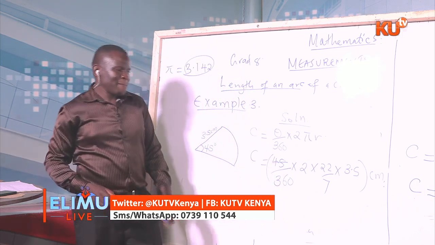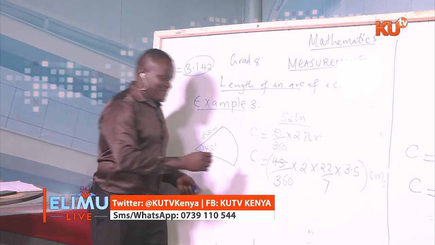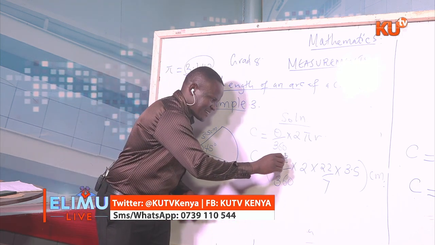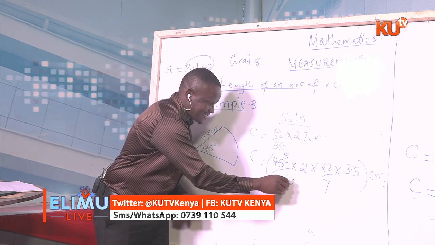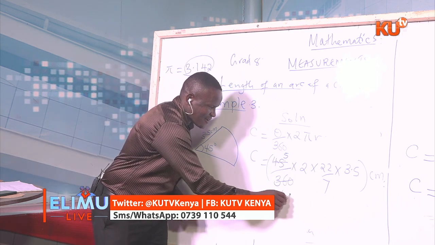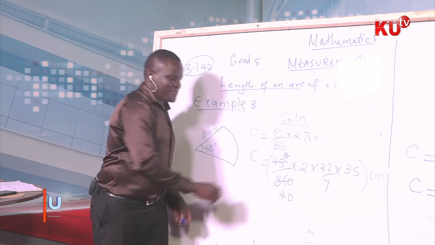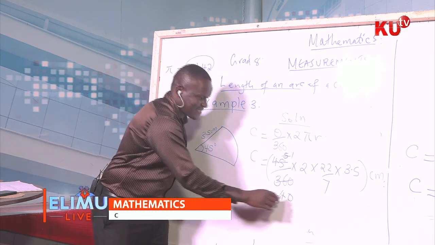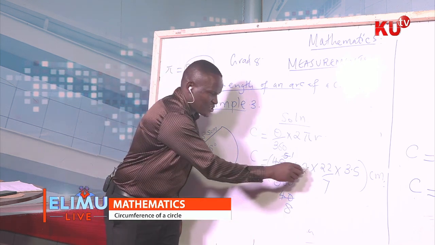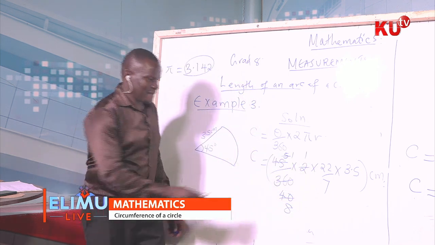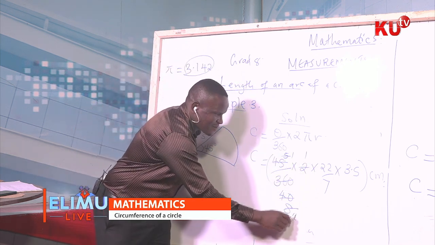9 into 45, 5 times. 9 into 36, 4. Then 5 into 5, 1 into 40, 8. 2 into 2, 1 into 8, 4.